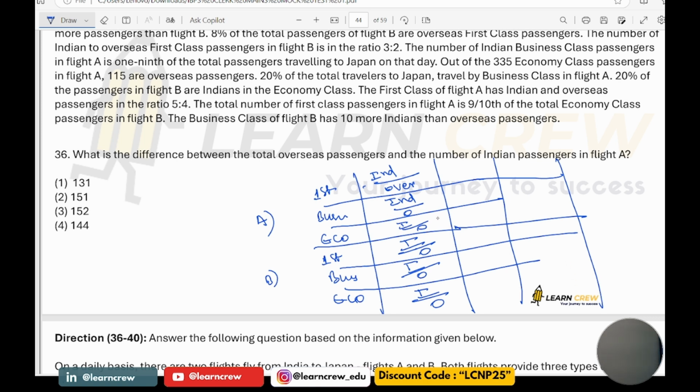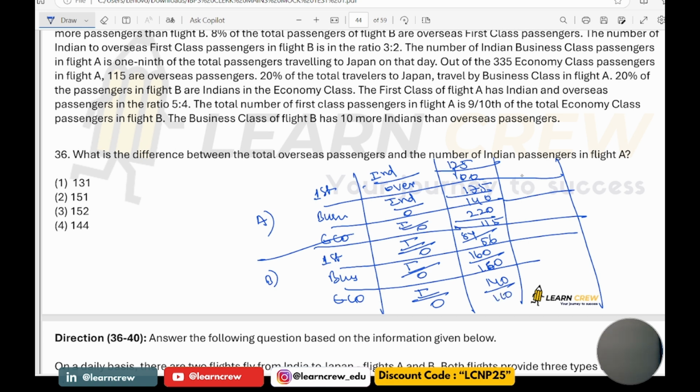First, business and economy of A. If you simplify as per the given data, you will get 125 and 100 here, 175 and 140 here, 220 and 115 here, 84 and 56 here, 160 and 150 here, and 140 and 110 here.